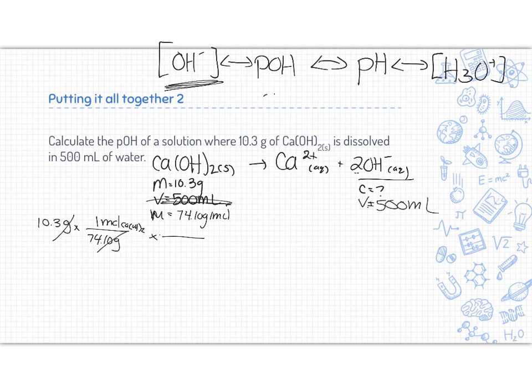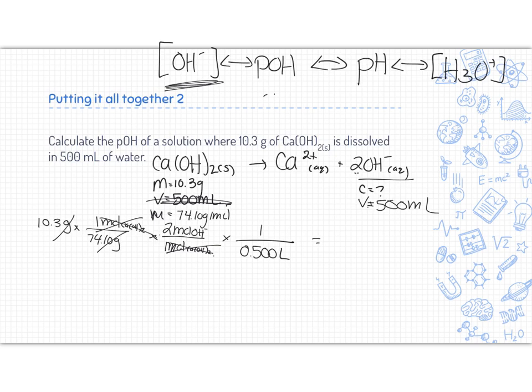I'm going to switch to moles of hydroxide. So there is 1 mole of calcium hydroxide per 2 moles of OH minus. Now, solution stoich, if I want to end up with a concentration, I need units of moles per liter. So moles need to stay as a unit, and I need to divide by liters. So if I change my volume into liters and put a placeholder 1, that will do.